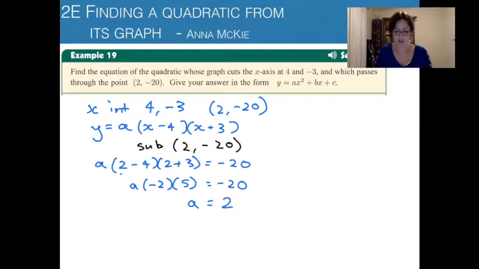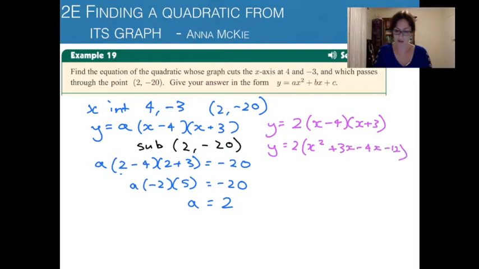Writing this in the form now, where we substitute in the a, but we're not finished there because it wanted it in expanded form. So I'm going to expand the brackets first. What have we got? x squared plus 3x take 4x take 12. I'm going to do a bit of tidying up all in one go.